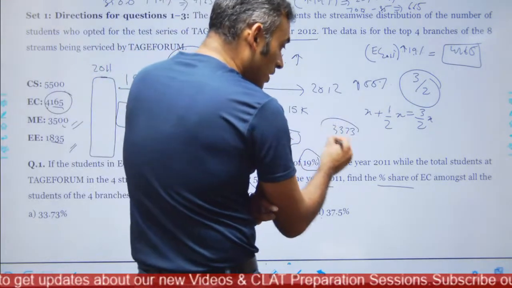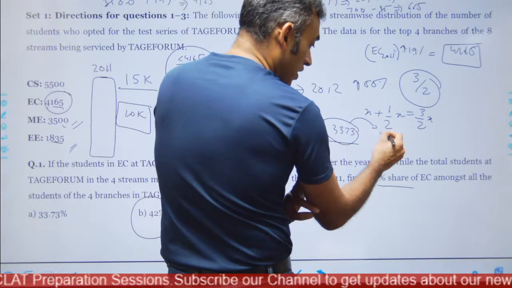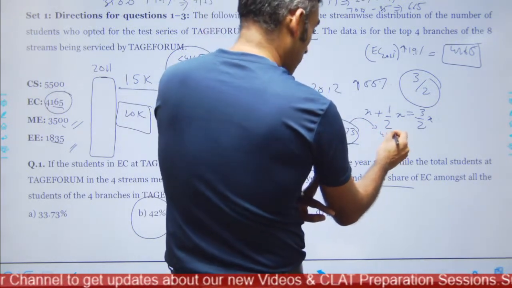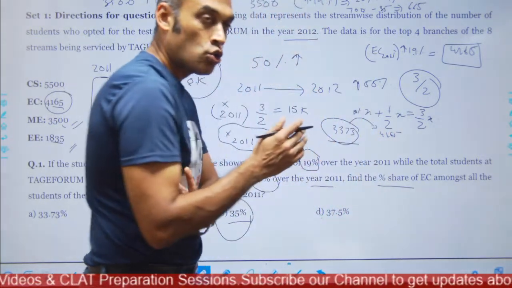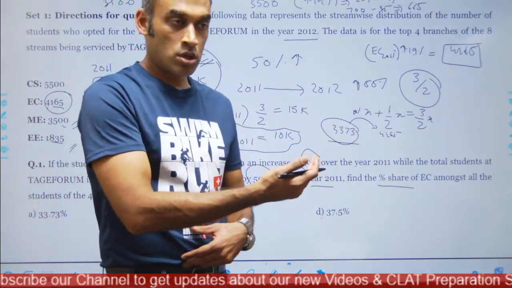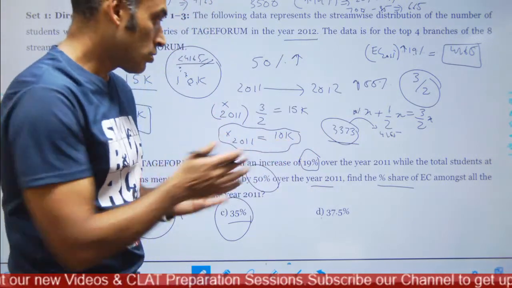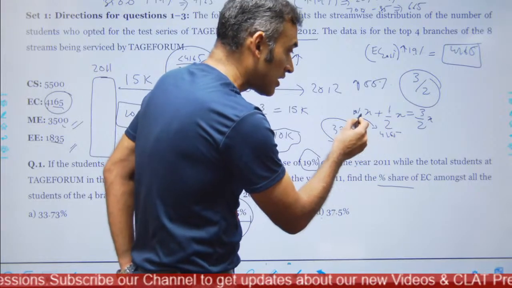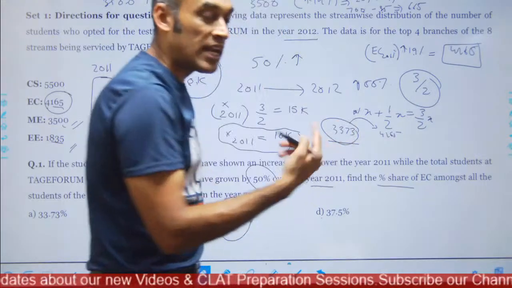And if this were to increase to 4165, this value has to be more than 19%. So if I have a smaller base, I need to increase more. So 3373 becoming 4165 simply means that I need to grow by more than 19%.